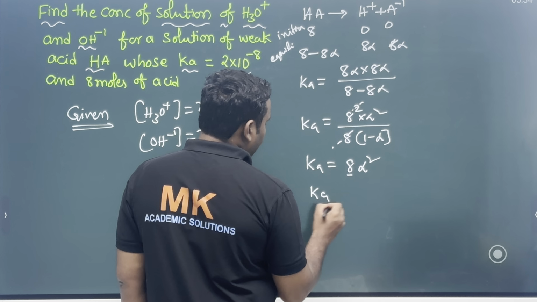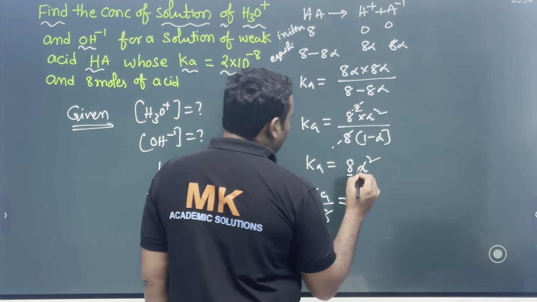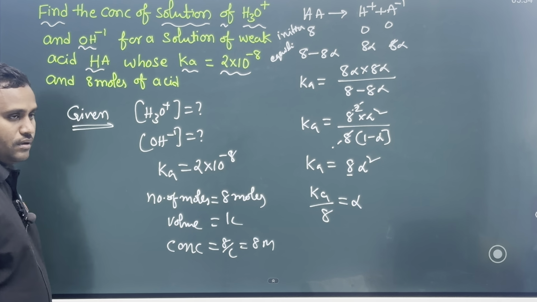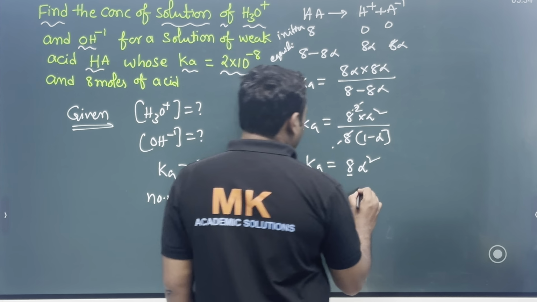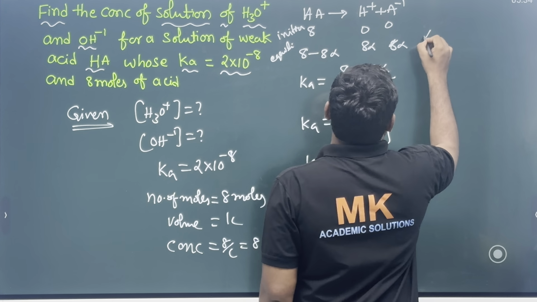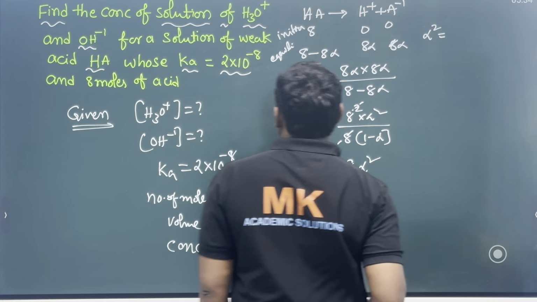So now Ka by 8 is equal to alpha square. Therefore alpha square is equal to how much?